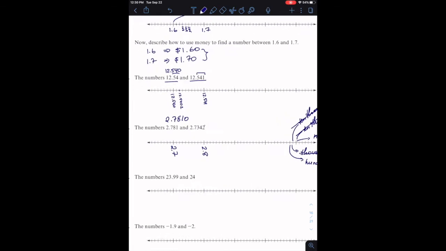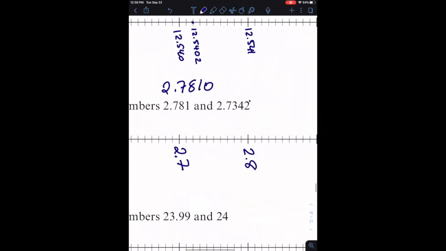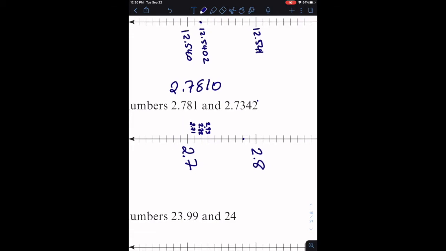So if we were to zoom in and now try to plot these, 2.7, 2.71, 2.72, 2.73, etc. So 2.781 would be somewhere here, very close to 2.78. And 2.7342 is going to be somewhere in the middle there.